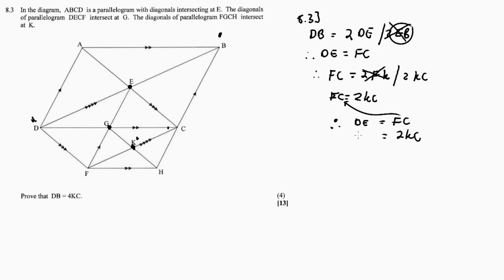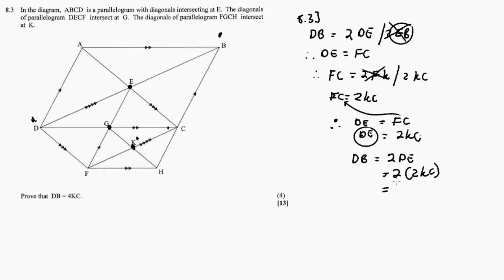Then DE is equal to 2KC, and DB is 2 times DE. Therefore DB will be equal to 2 times DE, but DE is equal to 2KC.